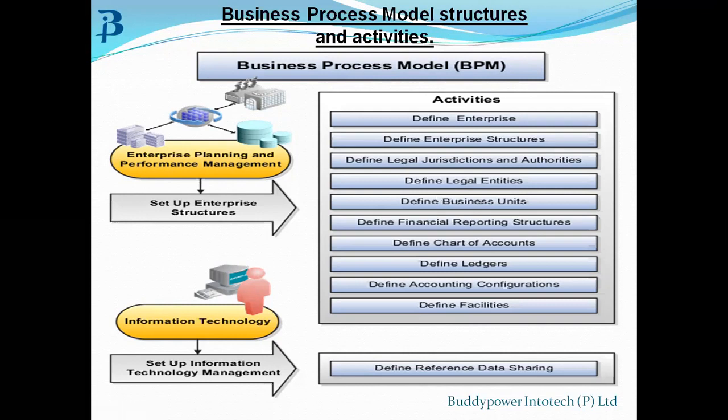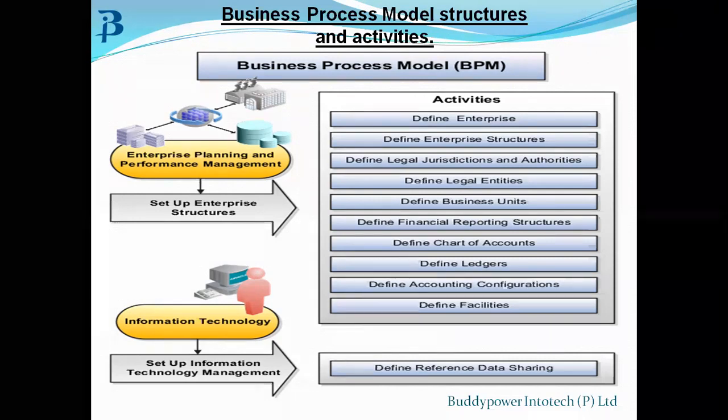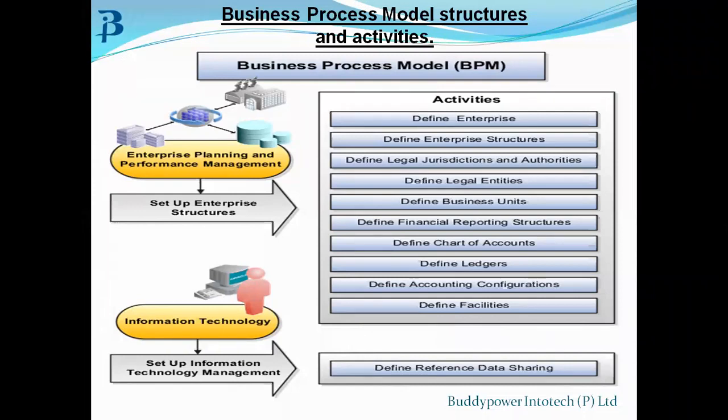Fine. Anyways, we'll continue. So we define the legal entity and the legal reporting units for business activities handled by Oracle Fusion applications. Then we define the business units. Business units of an enterprise mainly perform one or many business functions that can be rolled up in a management hierarchy.